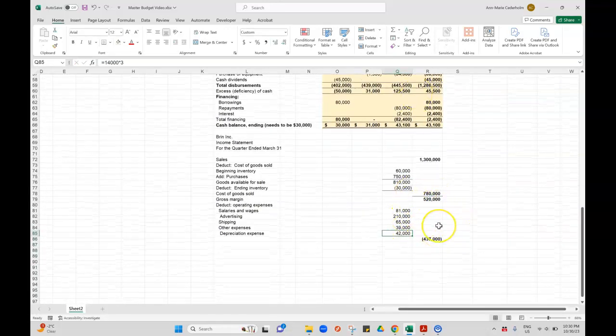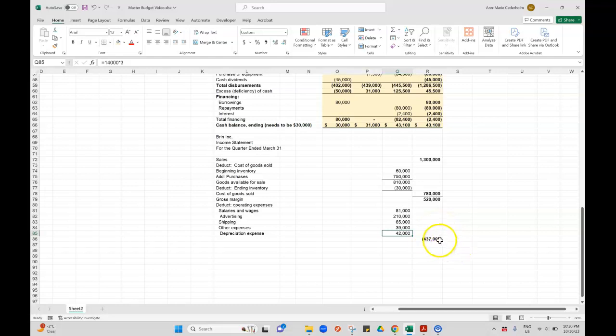I'm always expecting there to be a profit. So now what I can do is subtract the 520. So take 520, subtract the 437, and this is your net operating income, or I like to call it earnings before interest and taxes.